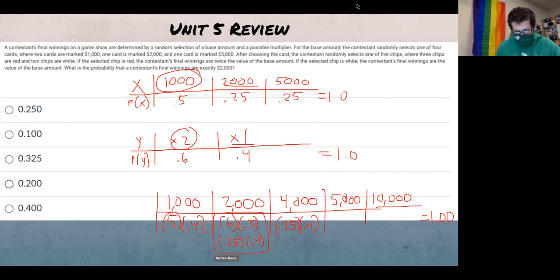These are mutually exclusive, so I can just add these probabilities together. So 0.6 times 0.5 is going to be 0.3. And then 0.25 times 0.4 is 0.1. So when I add those together, the probability of getting $2,000 is 0.4.